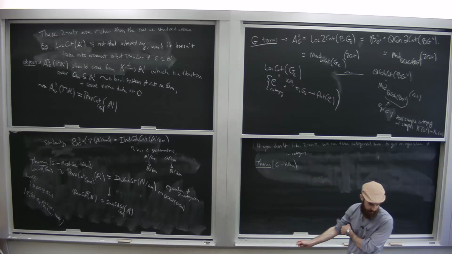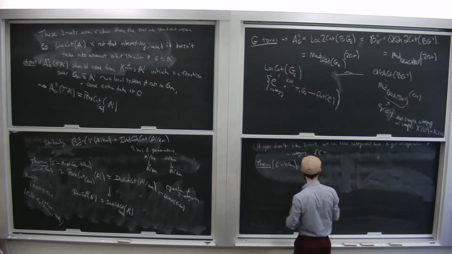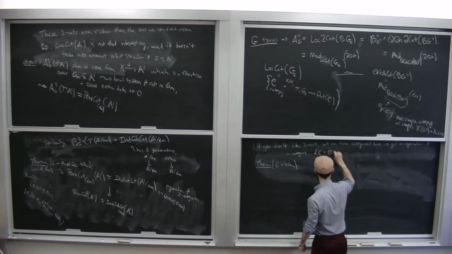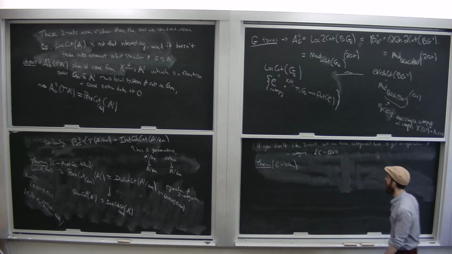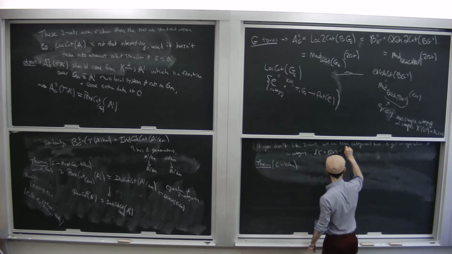I'm going to write fancy L of C to be the geometric loop space of C. This is the ind-scheme that is often called C((t)), C formal Laurent series in t.